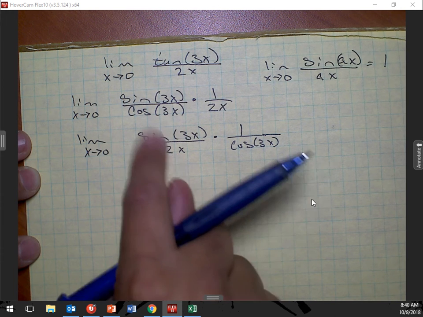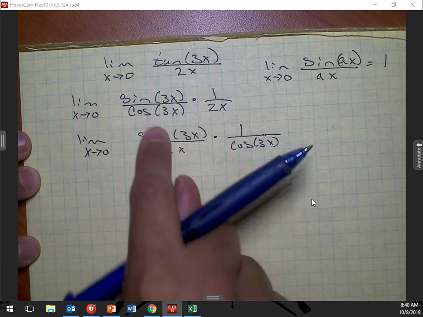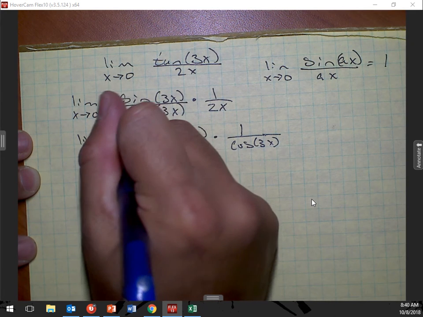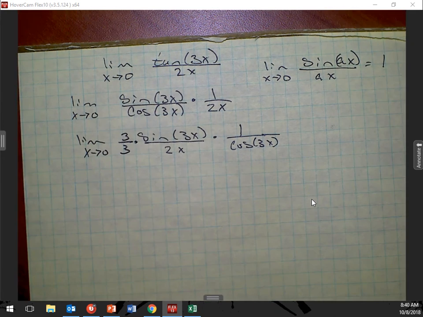So I'm going to multiply this by 3 over 3. Is that going to change the value of my function? No, it's not changing the value because I'm multiplying it by 1. 3 divided by 3 gives me 1. So every time I do this, I'm just changing the way it looks, not changing the value.